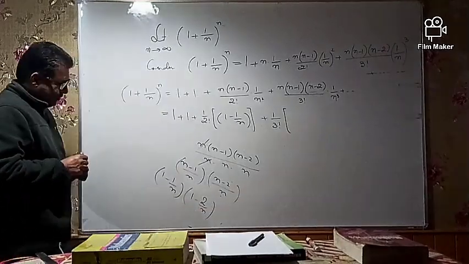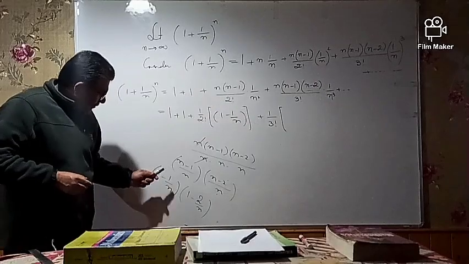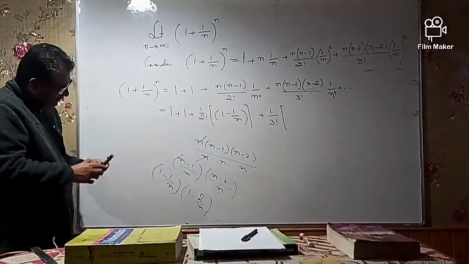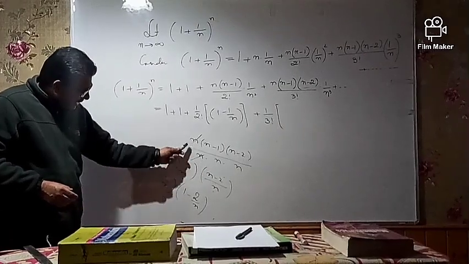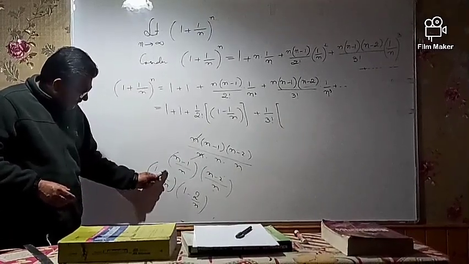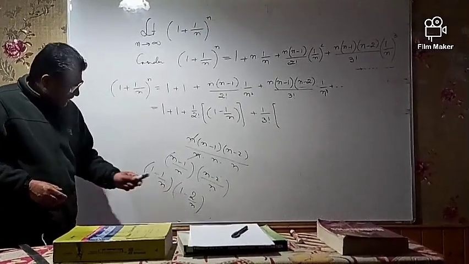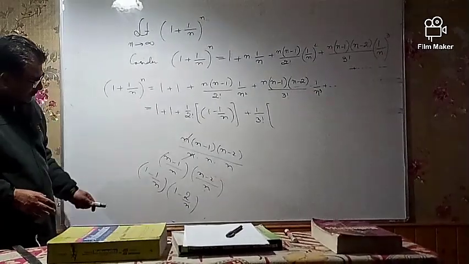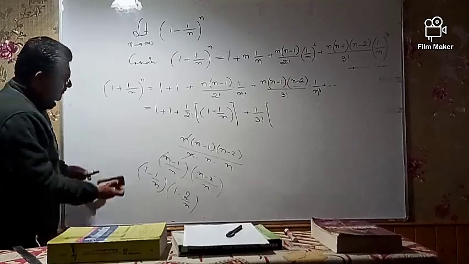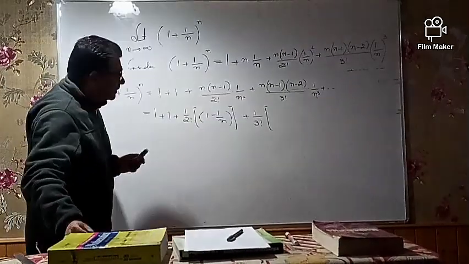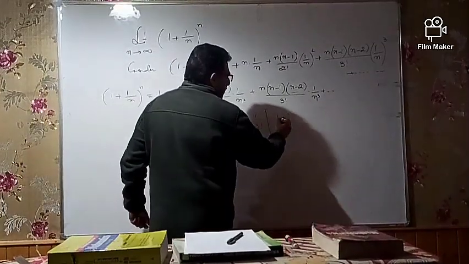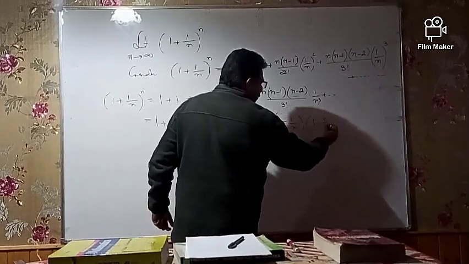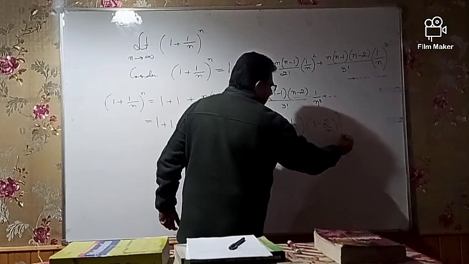So the second term will be 1 minus 1 by n, 1 minus 2 by n. You can note this thing here, then I will come to the next thing. I will write here, it is 1 minus 1 by n into 1 minus 2 by n, then plus so on.